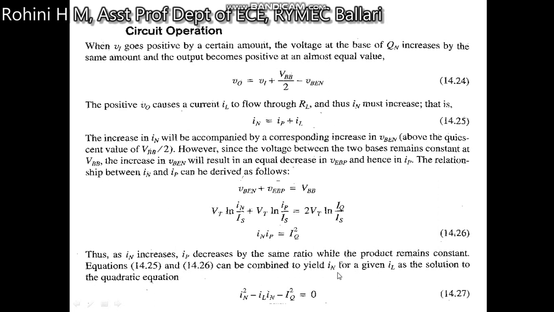It can be combined with IN, and for given IN, the solution is a quadratic expression. So the quadratic expression is this. When we combine the expressions 14.25 and 14.26, we substitute here, and then it is given by this expression.